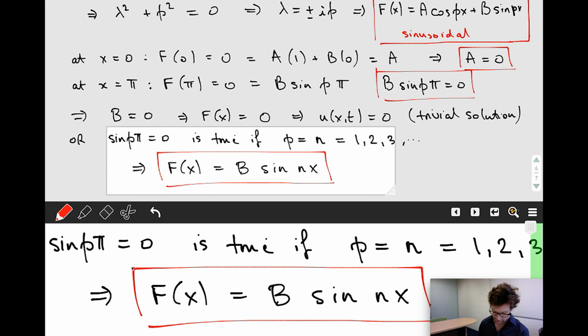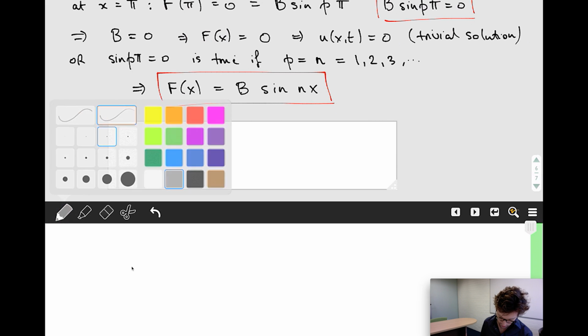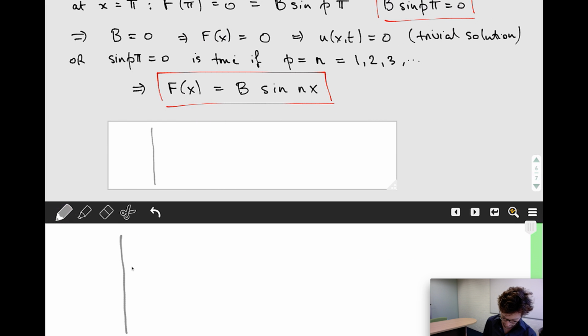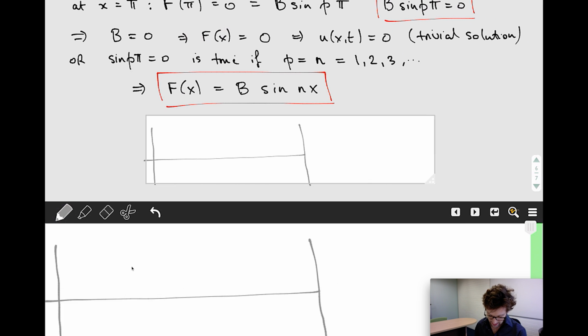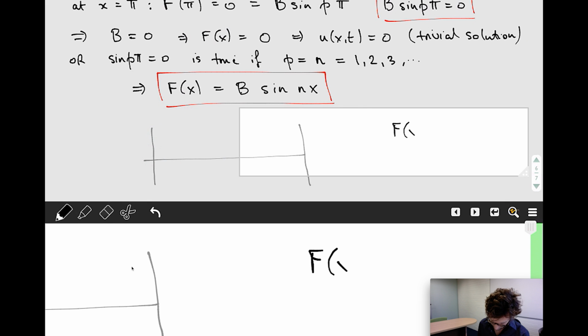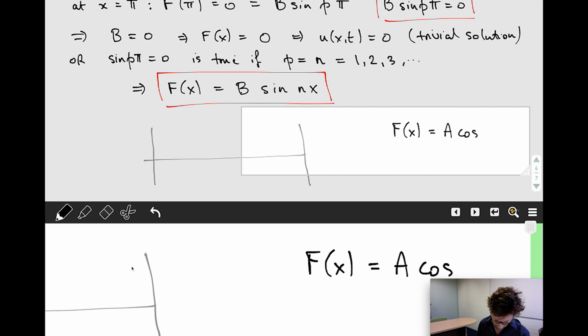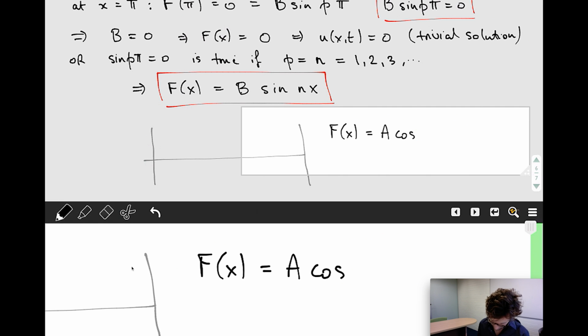Now thinking about this a little bit, we can see how this makes sense, because again we've got those boundary conditions and I somehow have to squeeze in an f of x is equal to a cosine px plus b sine px.